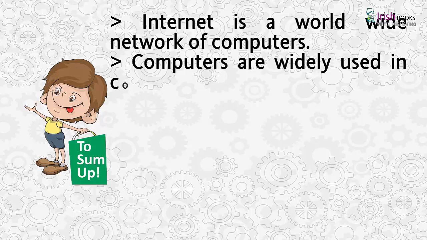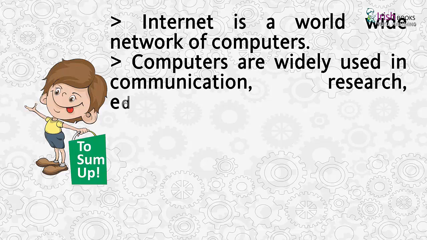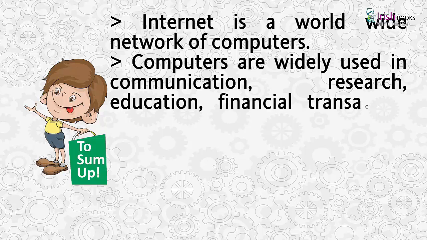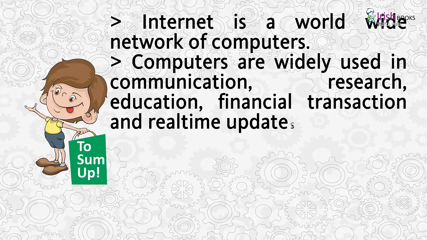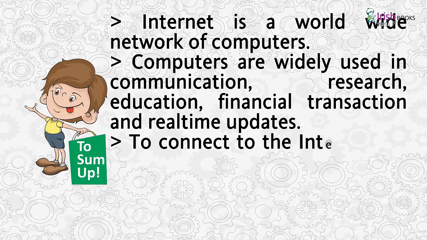To sum up, Internet is a worldwide network of computers. Computers are widely used in communication, research, education, financial transaction, and real-time updates. To connect to the Internet, we need both hardware and software.